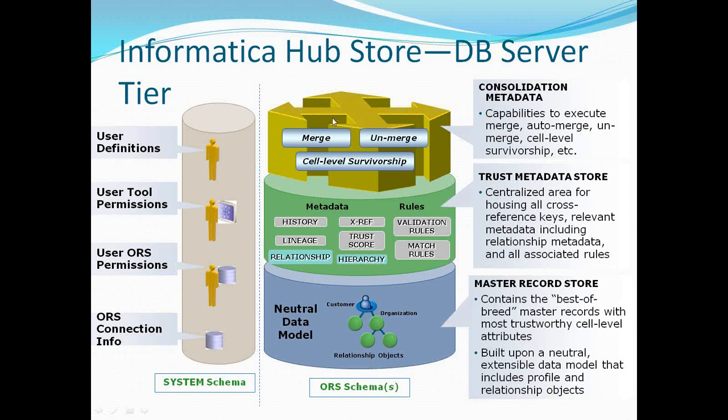So we should know about the repository tables here, but we don't need to know about all the tables. Yes, some 15 to 20 tables are there, which we should know, like what are the tables, what data they contain, and how the data is getting changed or manipulated in those repository tables.